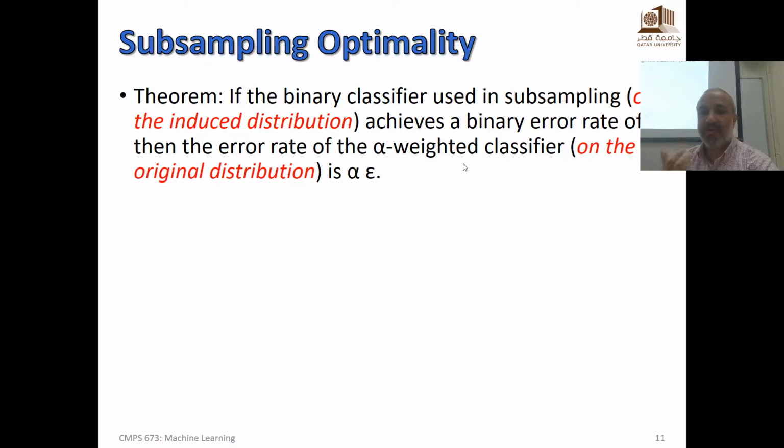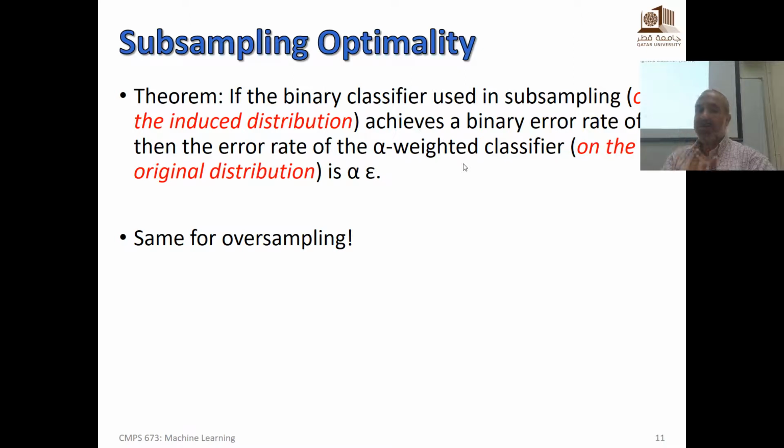So whether we do subsampling or oversampling, if the binary classifier on the new distribution has an error rate of epsilon, then the actual error rate is alpha times epsilon on the original distribution.